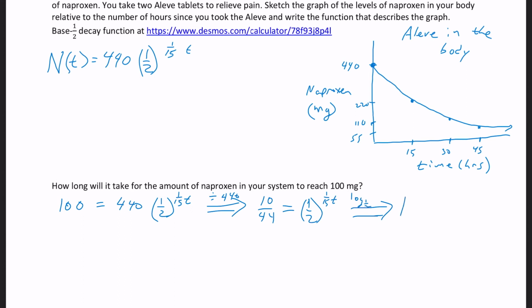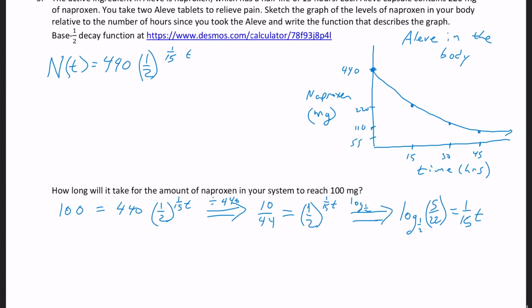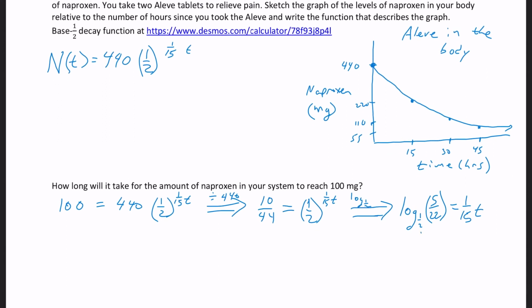The next step would say the base 1/2 logarithm of, I'll go ahead and call that 5/22 because I just like to reduce fractions. So I've divided the 2 out of the 10 over 44, and then that would equal 1/15 times t. The next thing I would do is multiply both sides by 15.